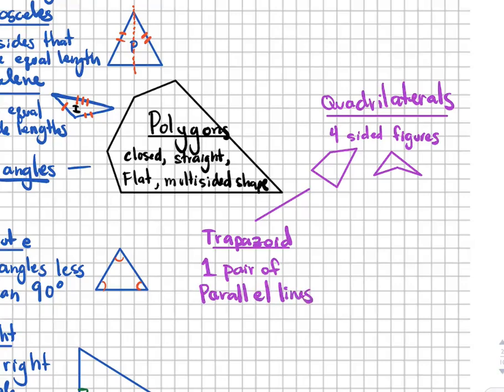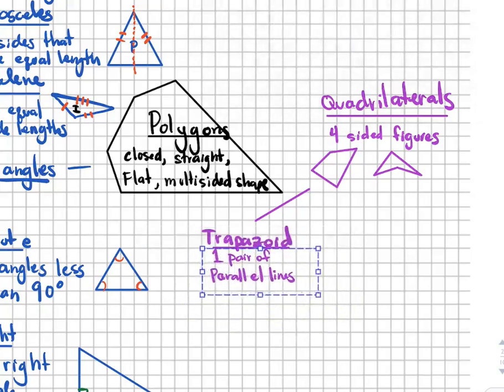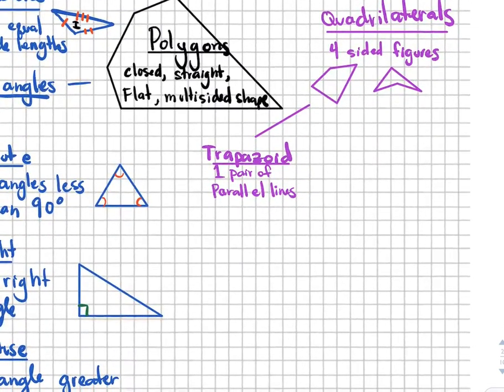And that's a little bit large, so I'm going to shrink that down a little bit. If you can keep your writing as small as possible, that'd be great. One pair of parallel lines, and I'm going to draw an example of that. There are different types. This is a trapezoid.